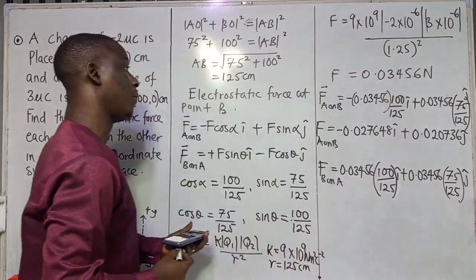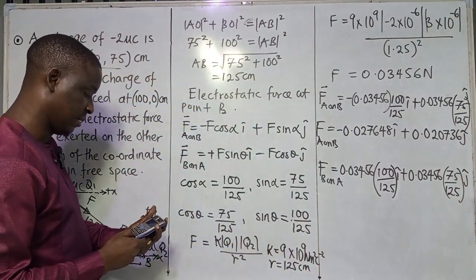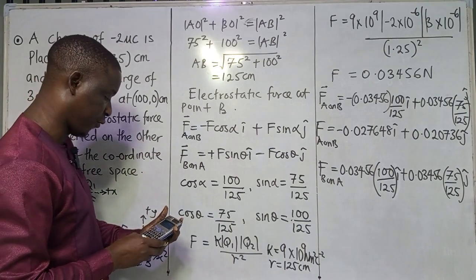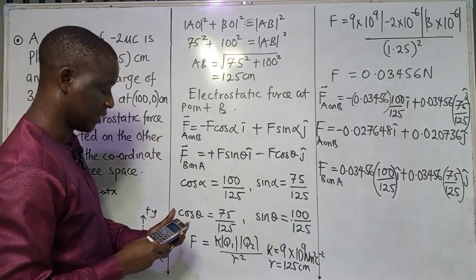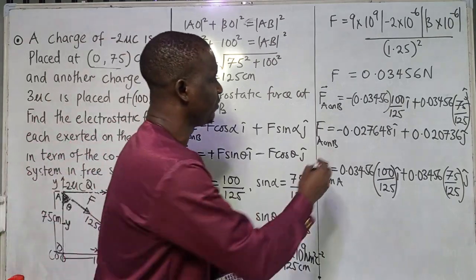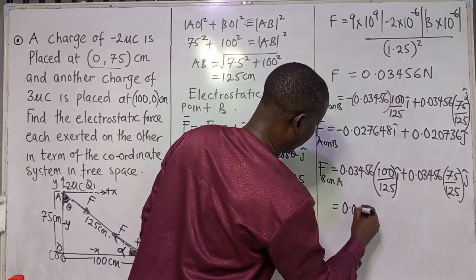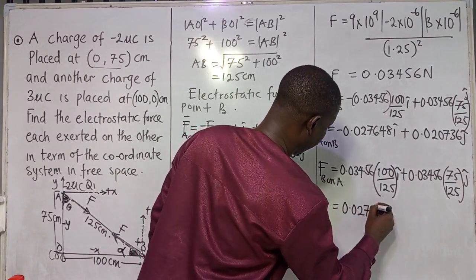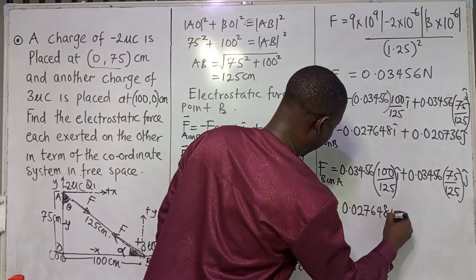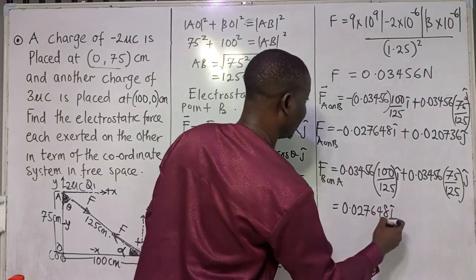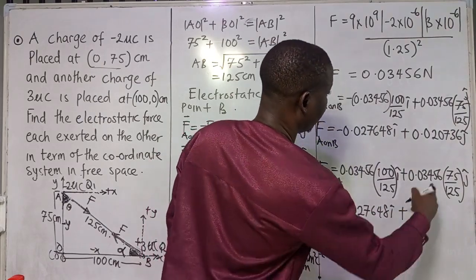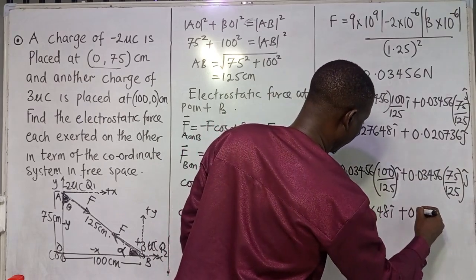So we also will press our calculator to get 0.03456 times 100. I think they are going to give us the same thing. No need to do it, but now 0.027648 i. The same thing here, just repeat it here. Plus the same thing also.